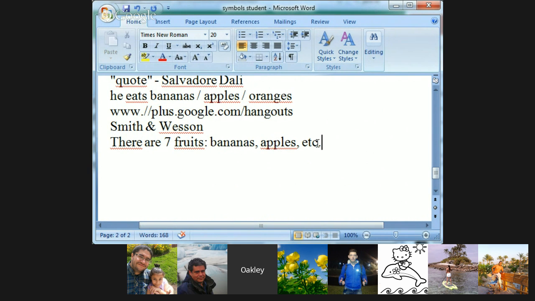Could be saying the word colon. Actually, if we're speaking, we use this in writing. Now, here's another tricky thing about symbols. We don't even acknowledge it if we're speaking. There are 7 fruits. Banana, we pause. We always pause for punctuation.